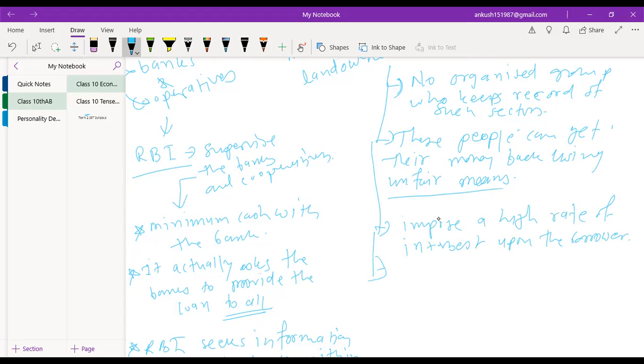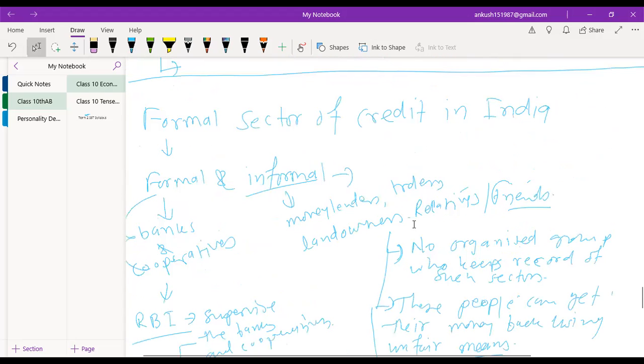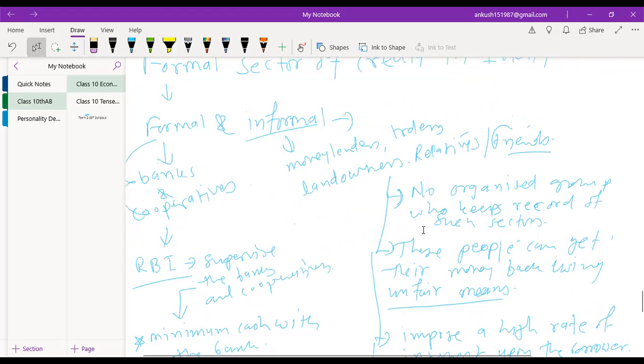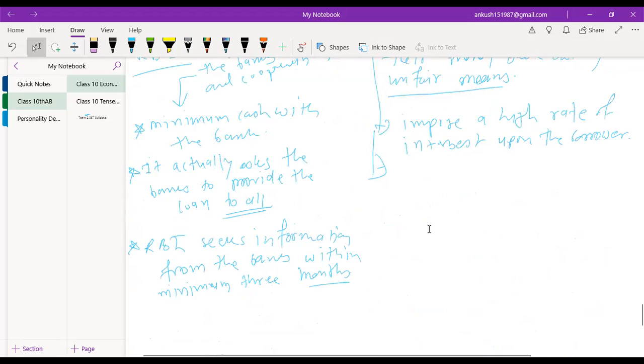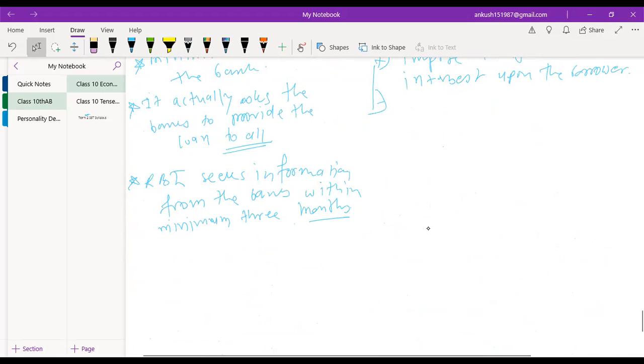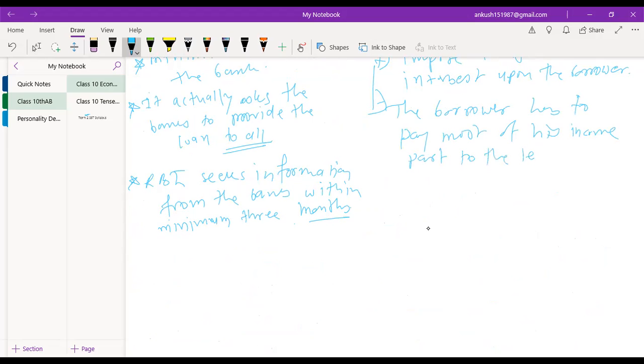Next thing, the large amount of the income of the borrower: whenever the borrower has to repay the loan amount with the interest in the informal sector, whatever he earns, the borrower has to pay most of his income part to the lender.